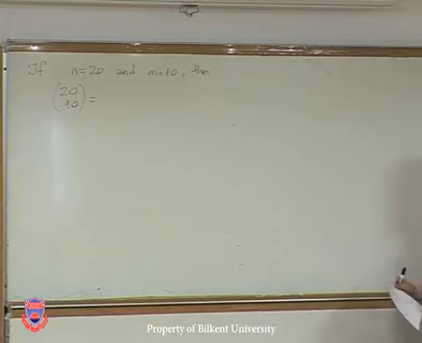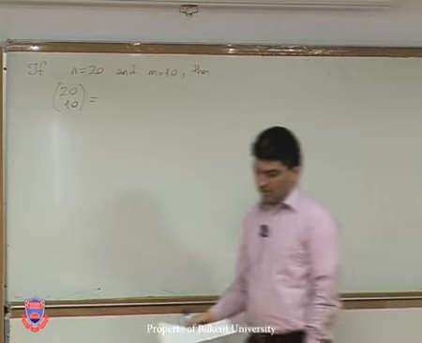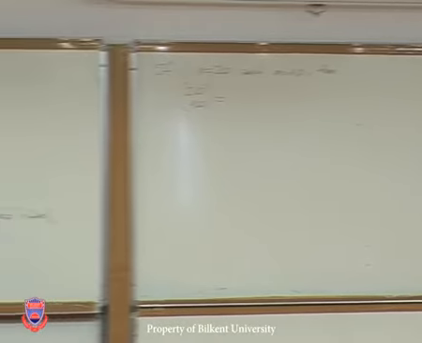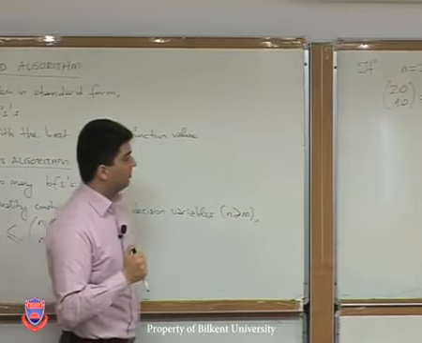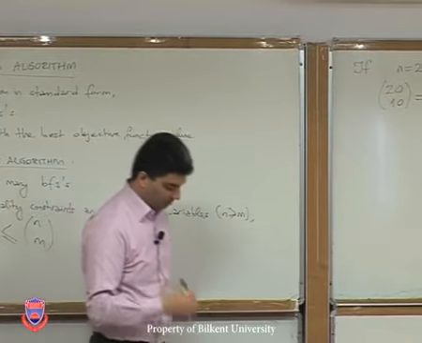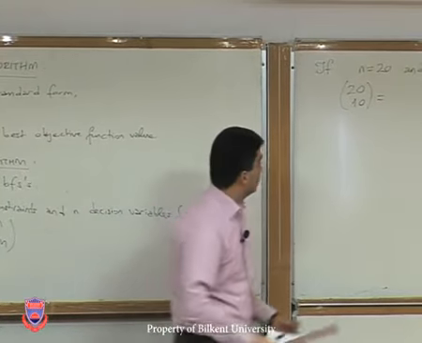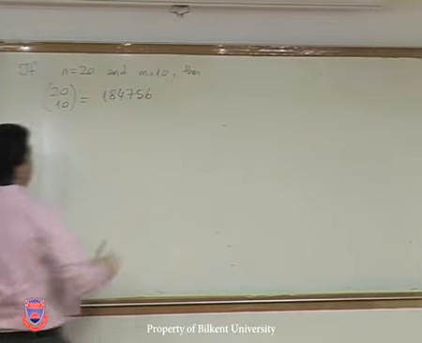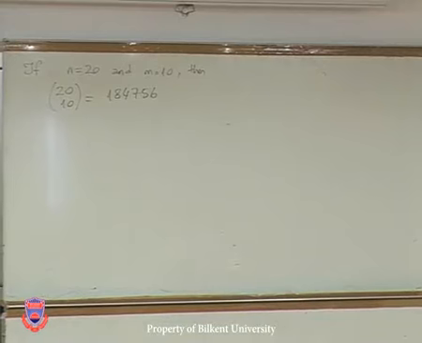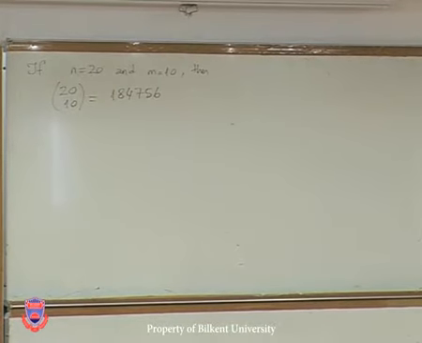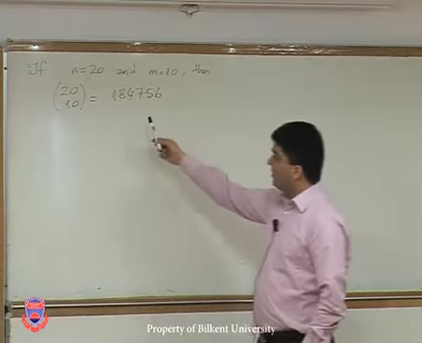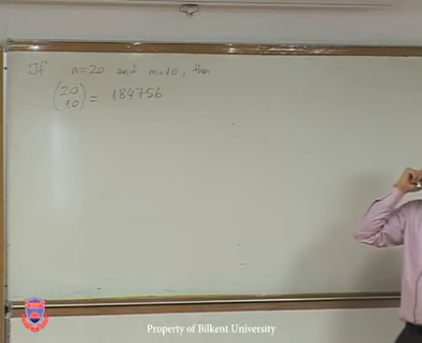Any estimates on this number? So how large can this number be? So this number is equal to 184,756. Okay, so which means that in the worst case, you can have as many as this number of basic feasible solutions. Okay?